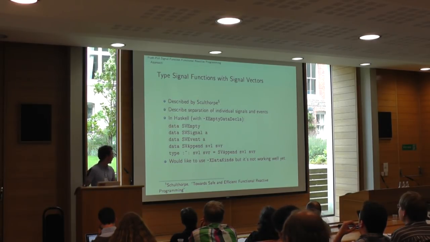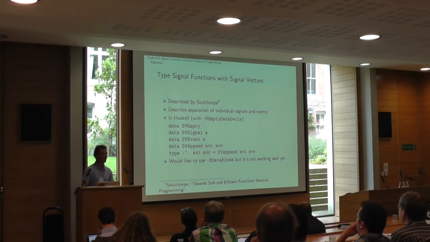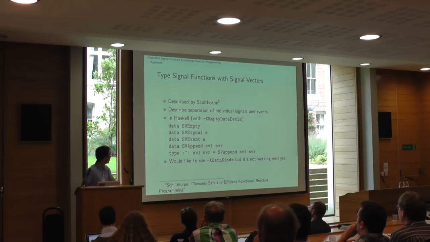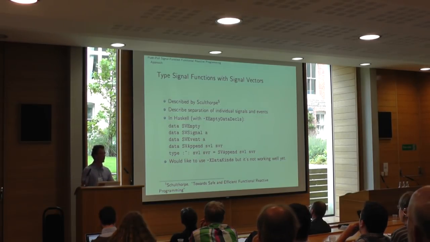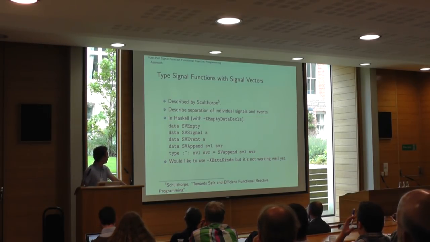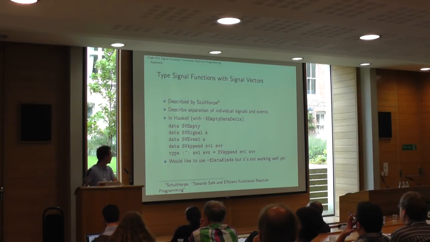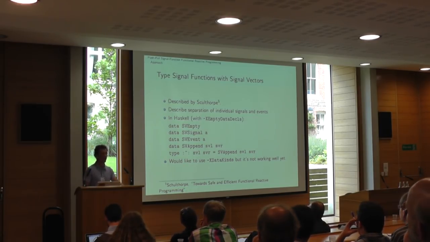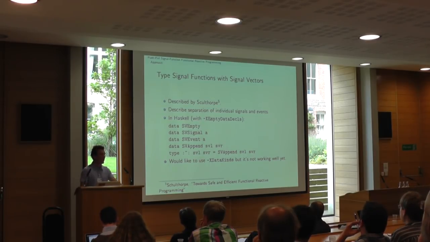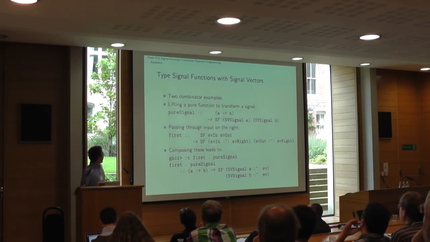I would actually like to use data kinds, but when I tried to use it across modules, GHC crashed and gave me several very nasty errors, and so I went back to this approach. So you have an empty signal vector, you have a signal or an event constructor which can carry a type, and then you can append signal vectors together. And this is sort of constructive, so if you append empty and signal, you will get append of empty and signal and not just signal.